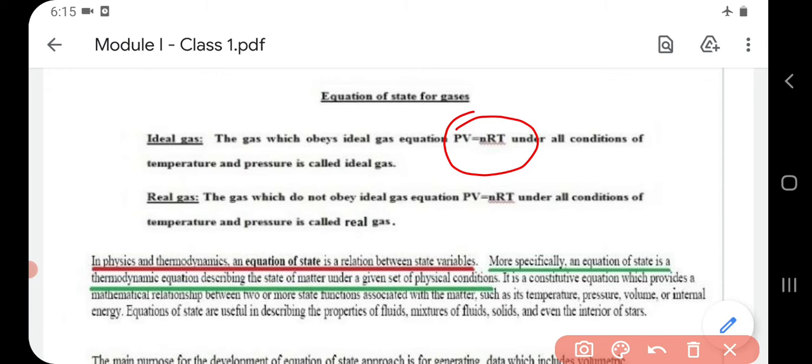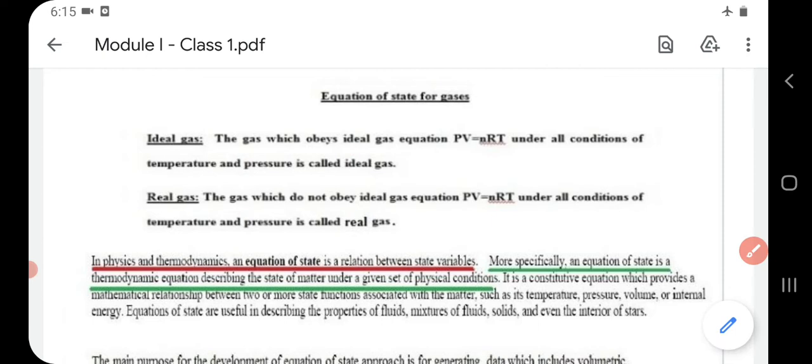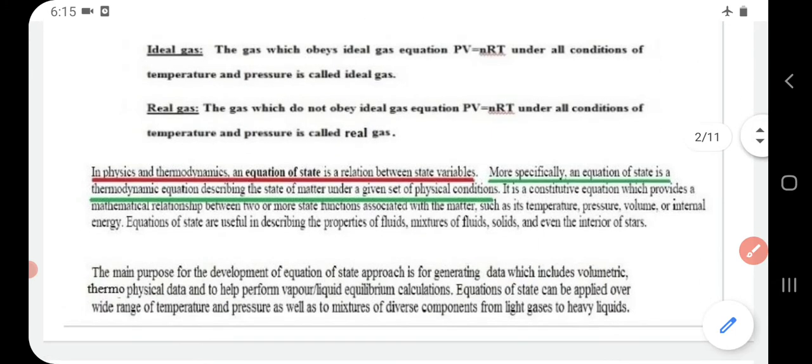Any gas that obeys this ideal gas equation under all conditions of temperature and pressure is called an ideal gas, whereas gases which do not obey this equation under all conditions of temperature and pressure are called real gases.